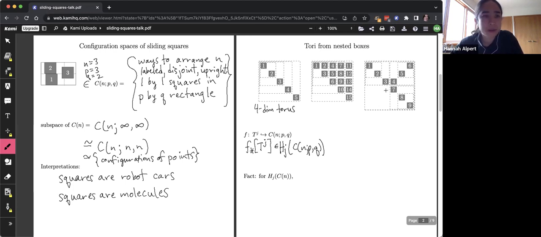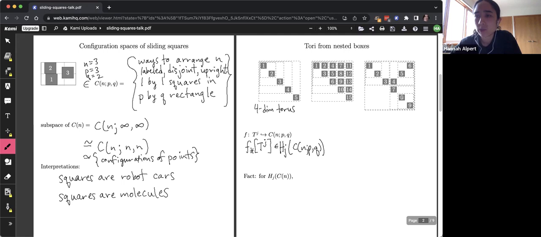And then another thing that we can do in this third picture is, instead of just adding 1 box at a time, we can combine several of these boxes and have the boxes go around each other. So we have a 2-dimensional torus worth in each of these 3 boxes, and then moving the 3 boxes around gives us 1 more parameter.